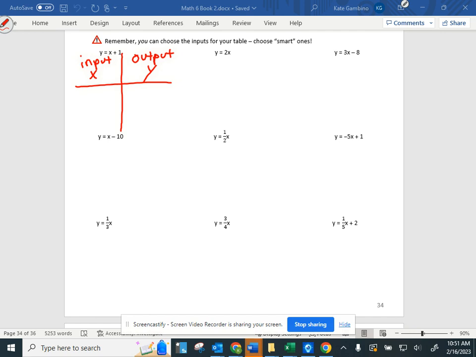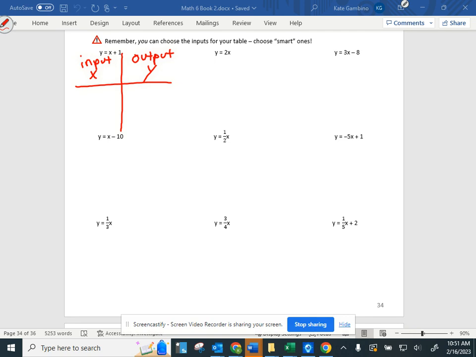So for right now, I put input and output so you got an understanding of it. Really what we need to know is the X is what we're putting in, the Y is what we're taking out. So we don't have to have it labeled input, output, but we need to know the first number is the input, that is our X. The second number is the output, that's the Y.